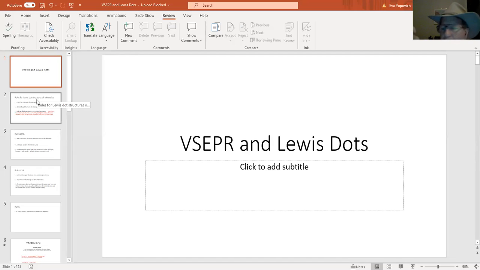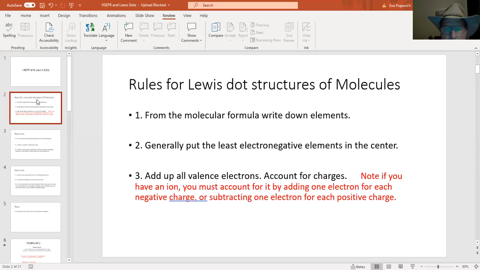VSEPR, you need to be able to draw a Lewis dot structure. These are the rules for doing Lewis dot structures. From the molecular formula, you write down the elements. Put the least electronegative in the center. Add up all the valence electrons.